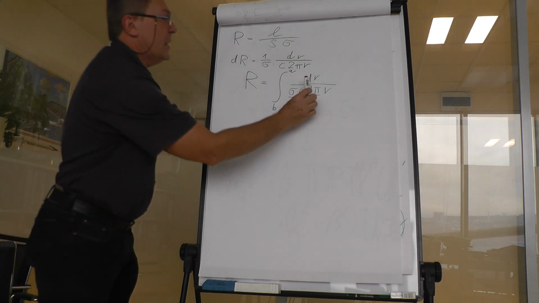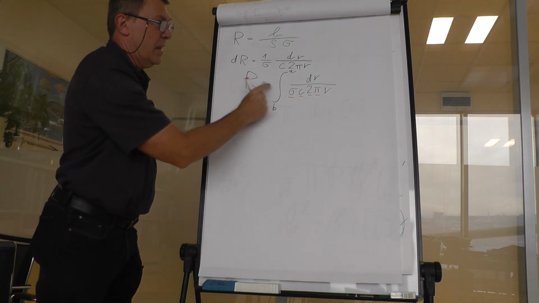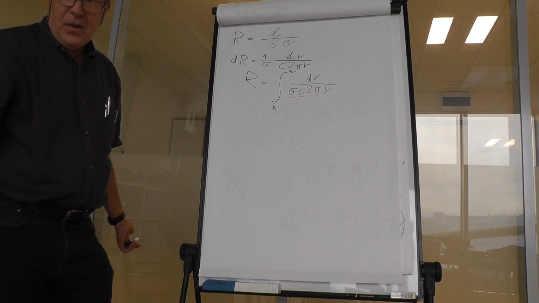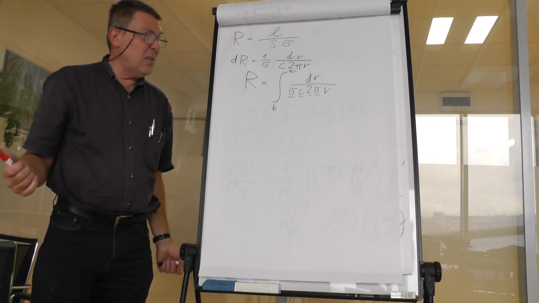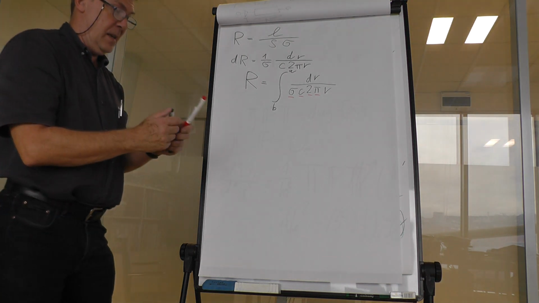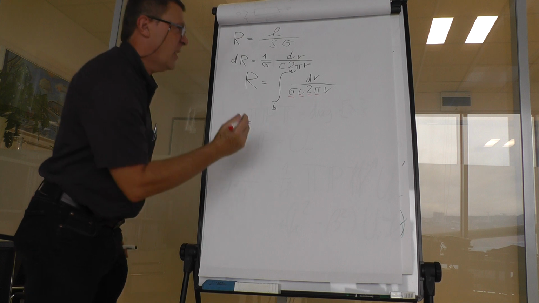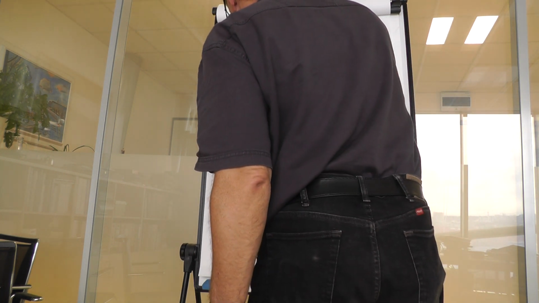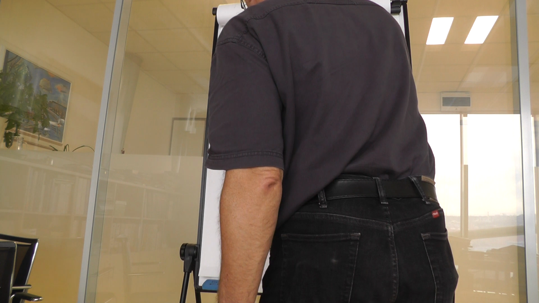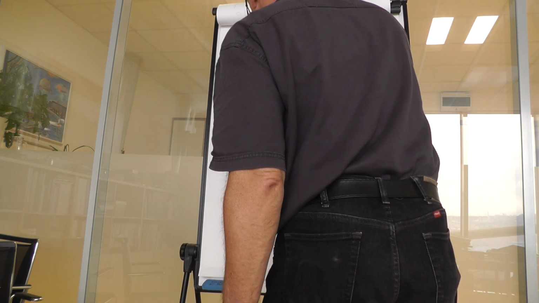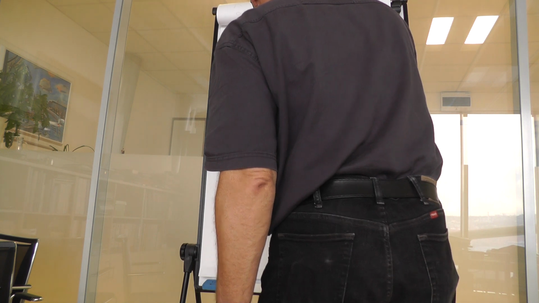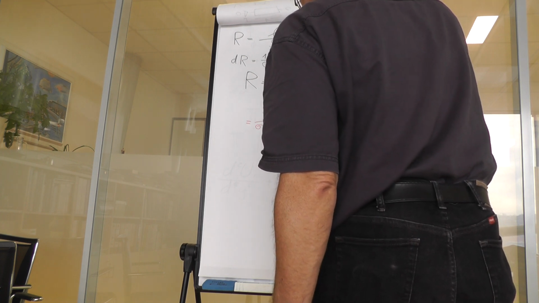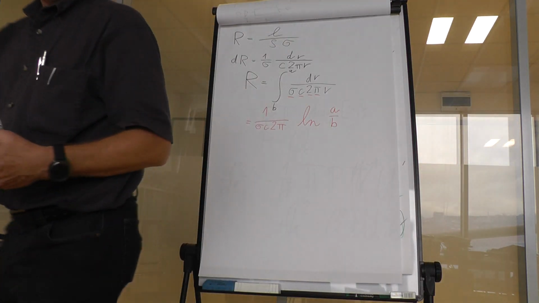So we can take all those constants out of the integration, and we have only an integral of dr over r, which is a simple textbook integral, and the result would be, and that's it.